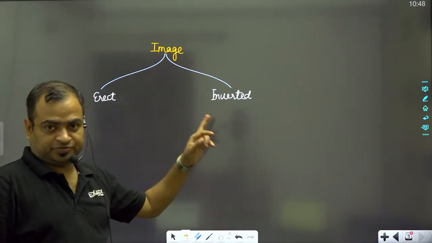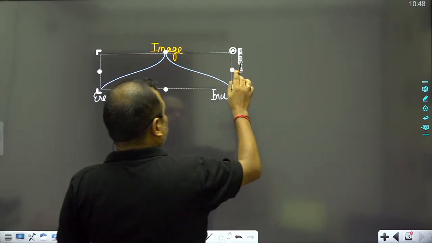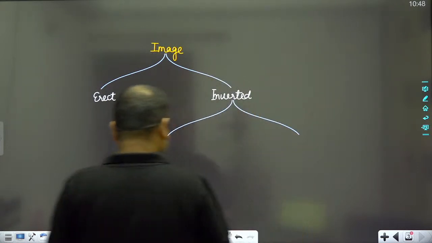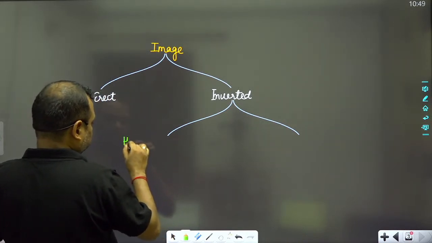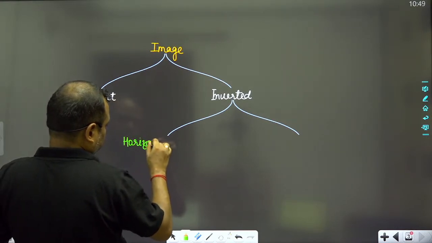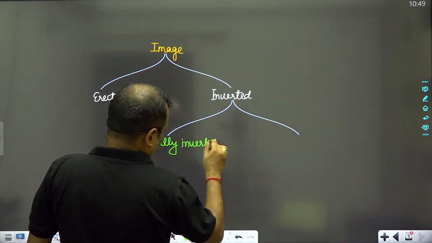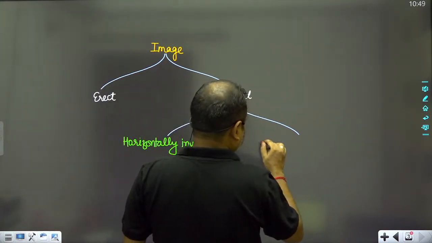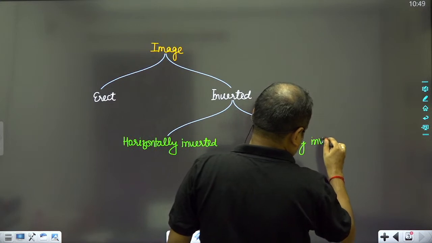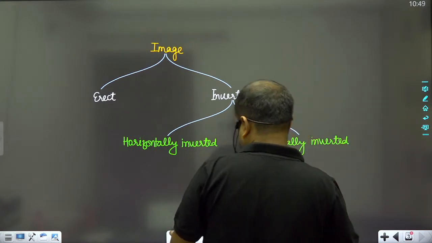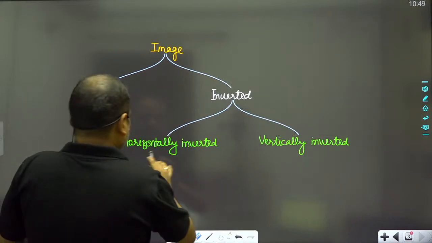Inverted image is of two types. Number one is horizontally inverted, and another is vertically inverted.